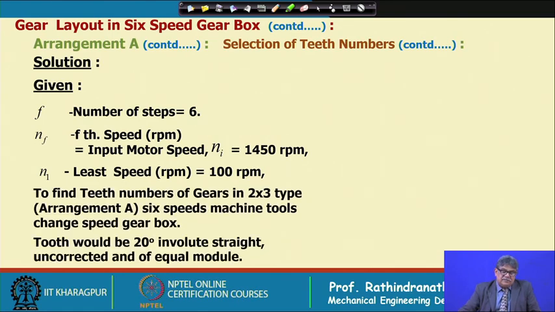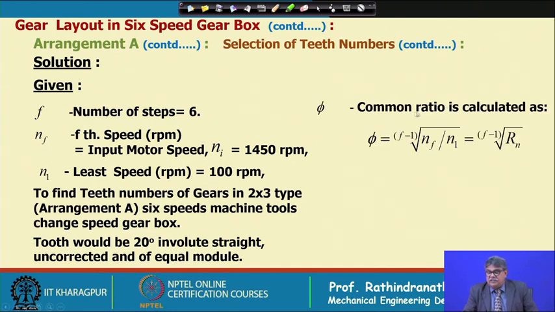To find teeth numbers of gears in a 2 into 3 type 6 speed machine tool change speed gearbox, the arrangement we have named in this lecture as arrangement A. Tooth would be 20 degree involute straight, uncorrected and of equal module.